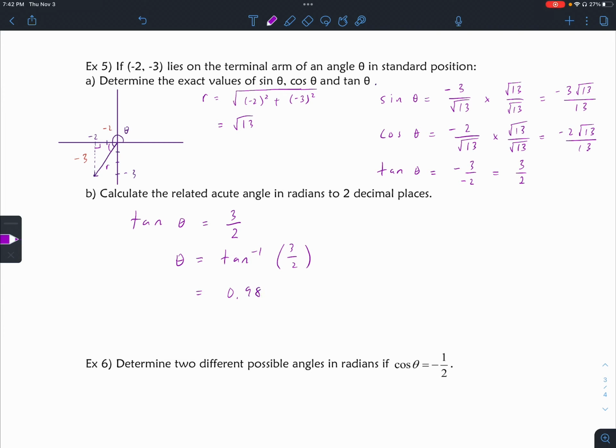Now recall, you don't have to put units for radians. Okay, so 0.98 is the related acute angle. So this is just an angle in the first quadrant, basically. Or, well, it's an acute angle.